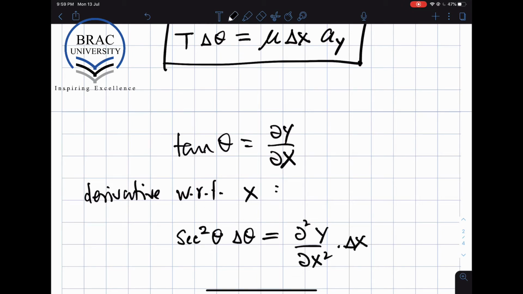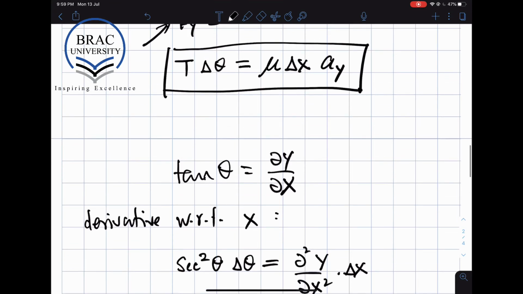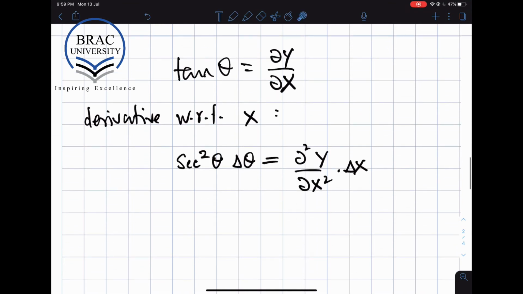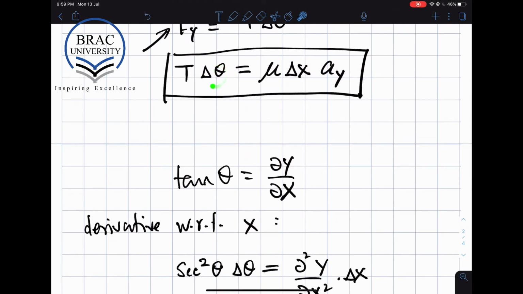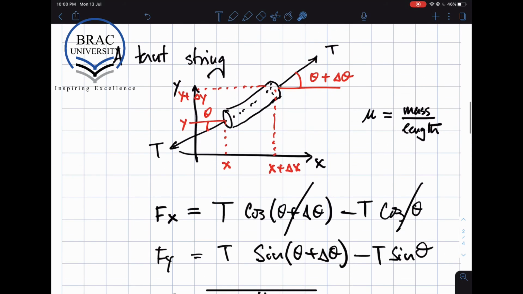Now in our main equation, what we see is that the change in theta is due to the change of y with respect to x, but at fixed time. So this picture is basically frozen in time.